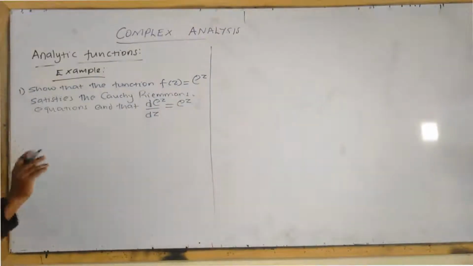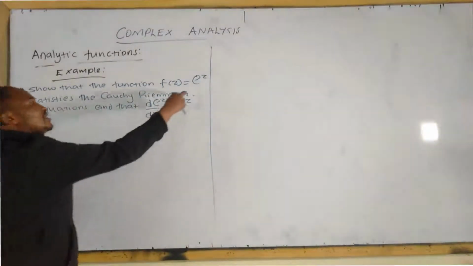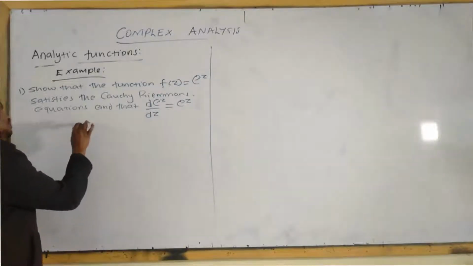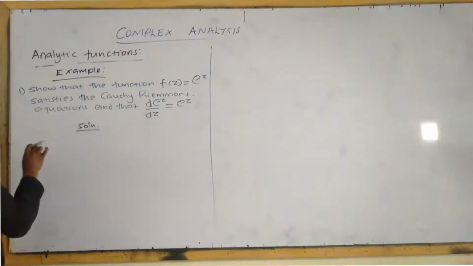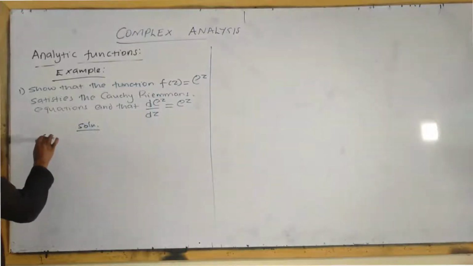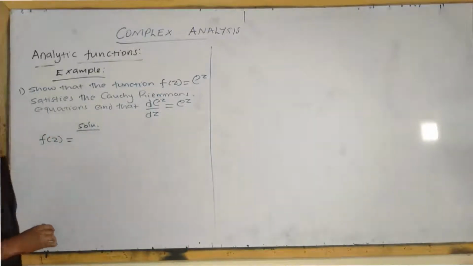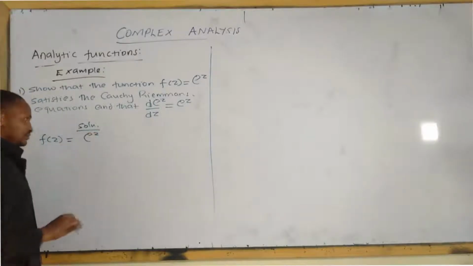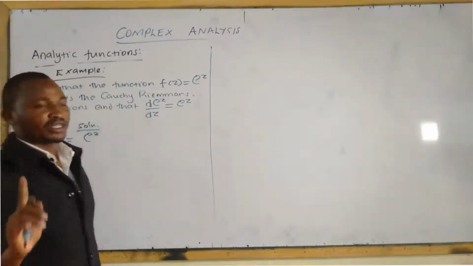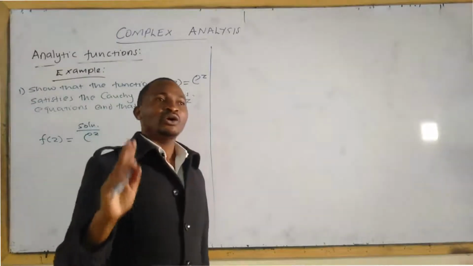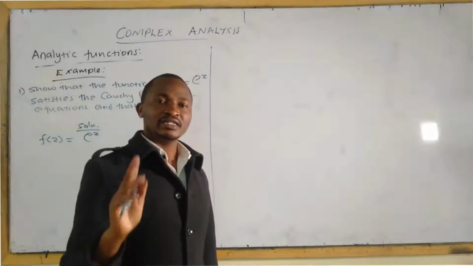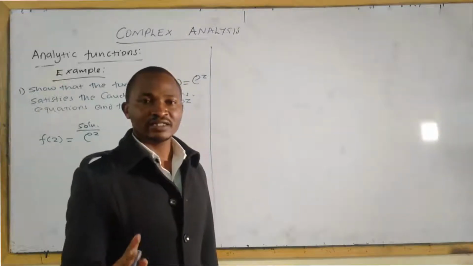So we are told to show that this function is analytic. We have our function of complex variable f of z is equal to exponential z. We want to prove whether it is analytic, or whether the partial derivatives that we called the CR equations will balance.